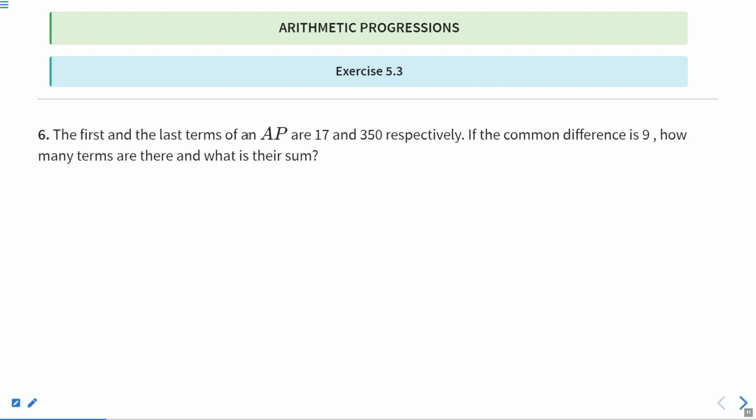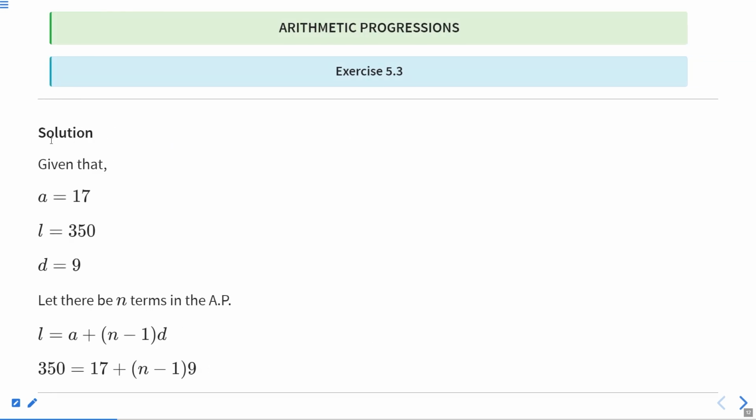So here for this question we have to first find how many terms are there, and what is their sum. Given that the first term a is equal to 17, the last term l is equal to 350, and the common difference d is equal to 9. And let there be n terms in the AP.